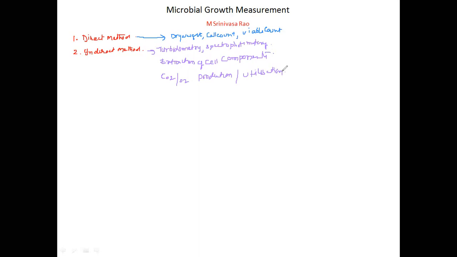These are some indirect methods through which we can measure the growth of microorganisms.